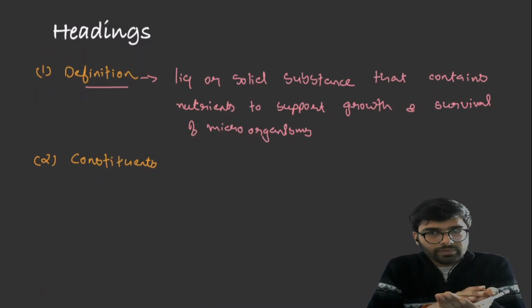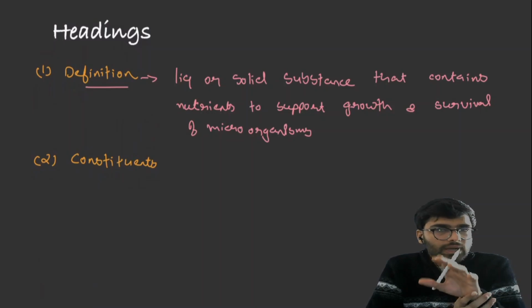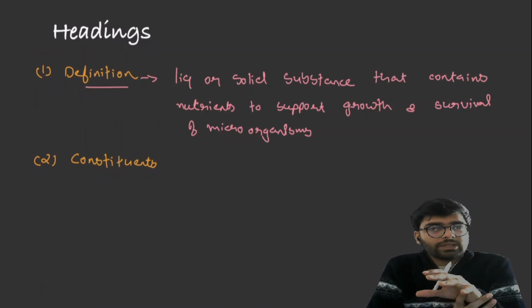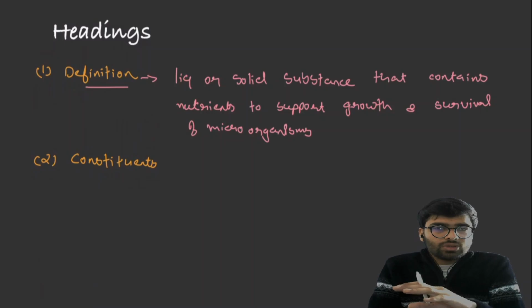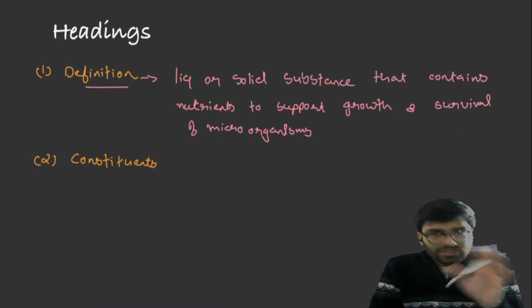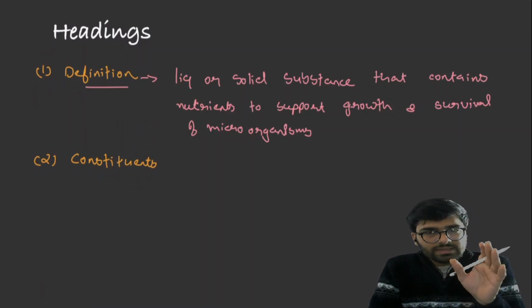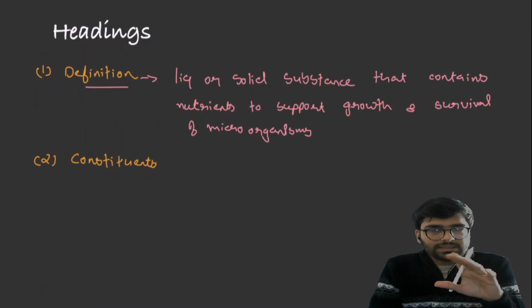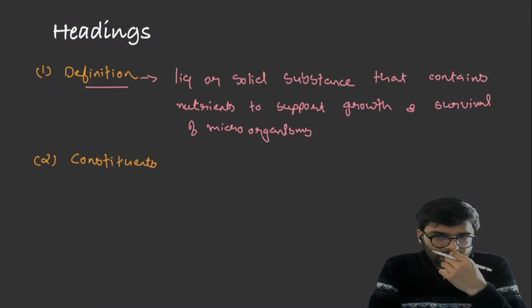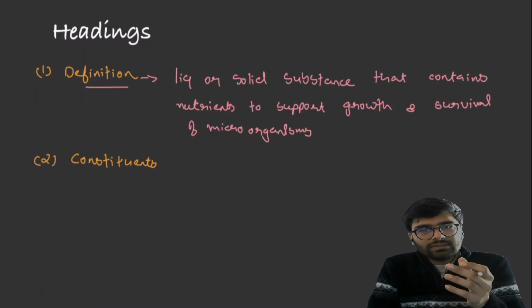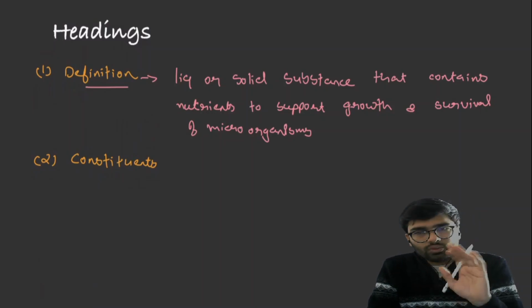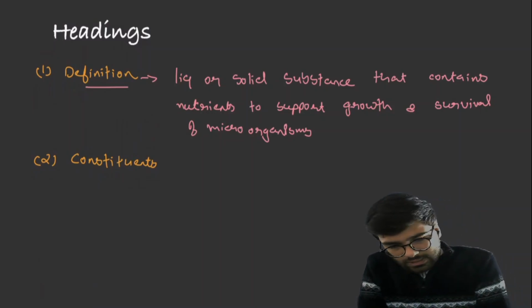That's simple. Now, what all are the constituents of a culture media? Like culture media is made up of what materials? So there are more than 100 constituents, but what is needed to be remembered are some important 3, 4, or maybe 5, 6 constituents that are frequently used. Like they are the universally used. The first thing is water.